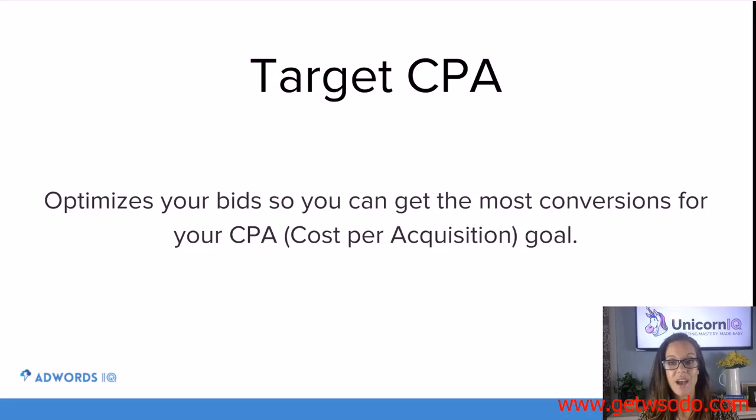Also, you need to have over 30 conversions that have happened and been tracked in your account over the past 30 days. So that's the base requirement for historical data if you are wanting to use this type. So just keep that in mind before you use Target CPA.